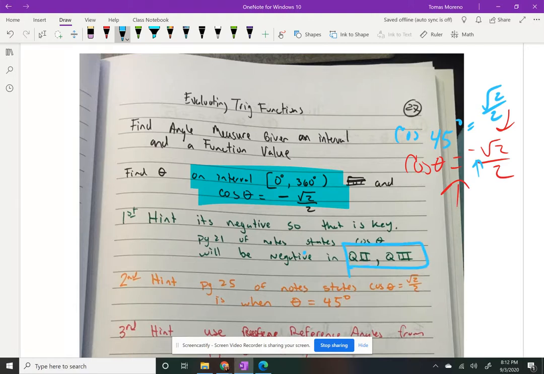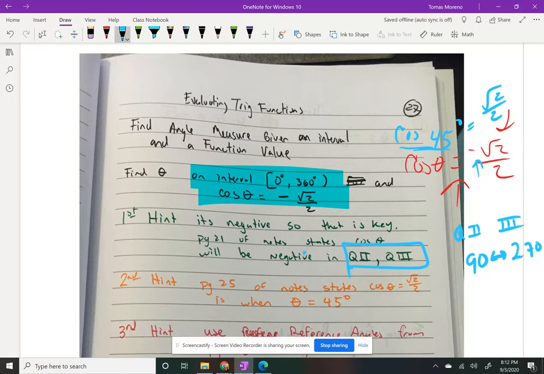So that means the angle, because remember, this is the reference angle. This is the angle after we subtract either the 180 or the angle from 180. So we know it's in quadrant 2 and 3, so it's got to be bigger than 90 and all the way to 270.